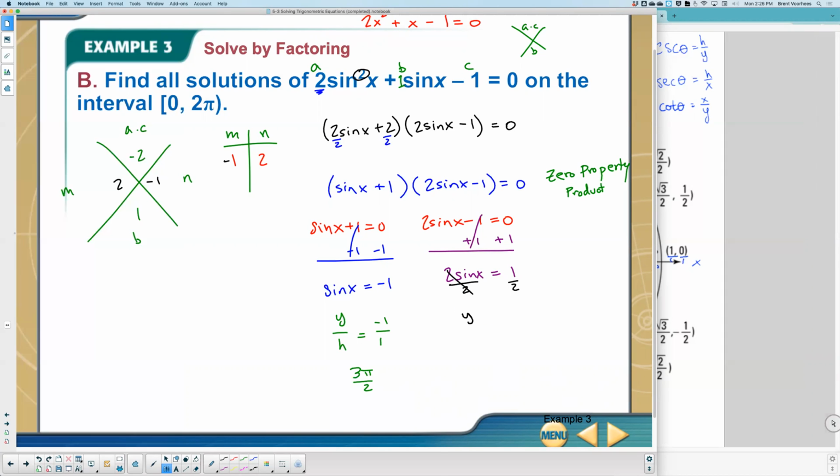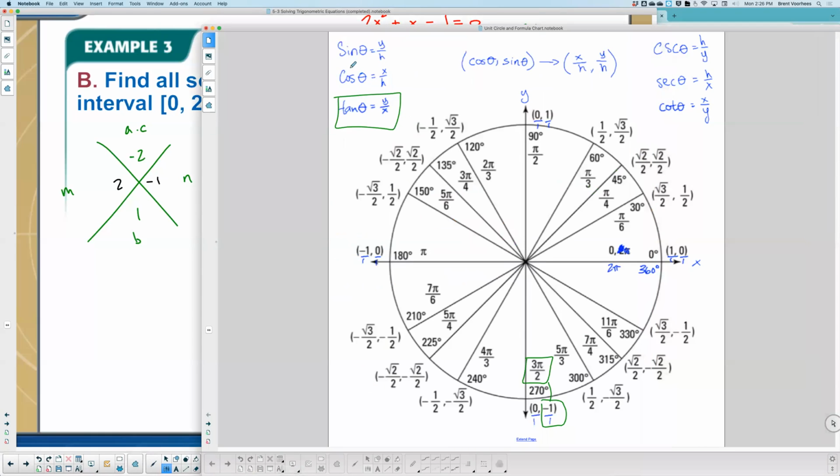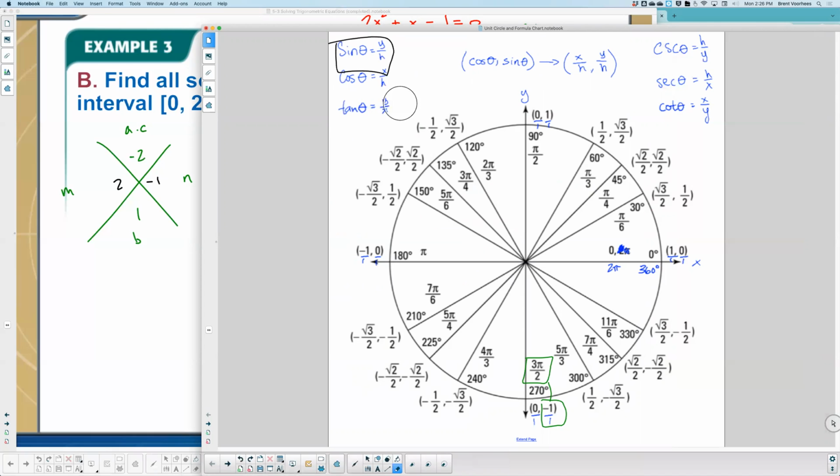So we're going to look for y over h equaling 1/2. Now we're looking for y over h because it's still sine. I don't know why I circled tangent earlier. That was a mistake. We were getting y over h both times. I should have had that circled. Okay, so we're looking for 1/2.